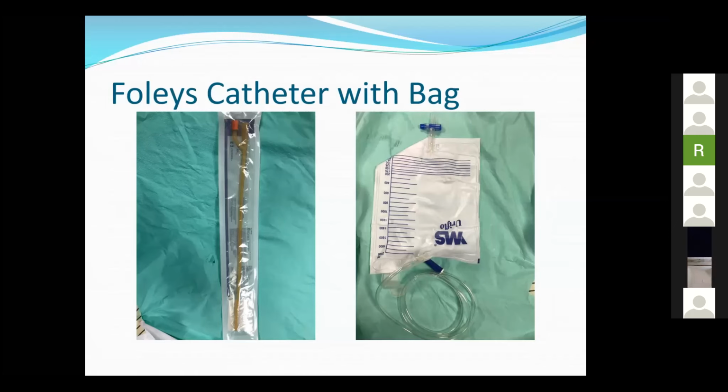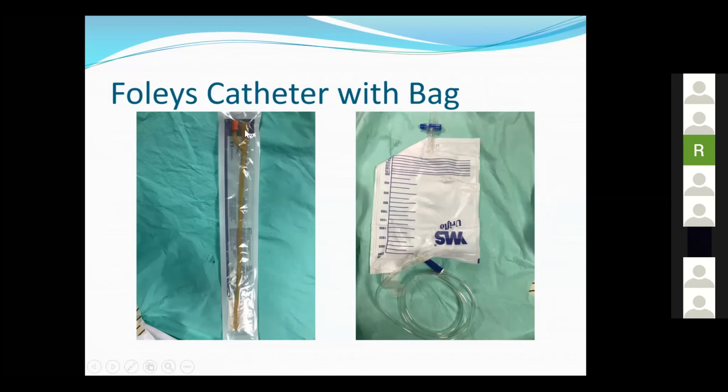You check the balloon before you put the Foley's catheter in, that the balloon is intact. For small children we do 5 to 10 cc's. For the larger sizes, you may go up to even 25, 30. But on the catheter it is written what the capacity of the balloon is. If you overinflate, it may burst. If you underinflate, it might easily come out of the urethra and may damage the urethra.